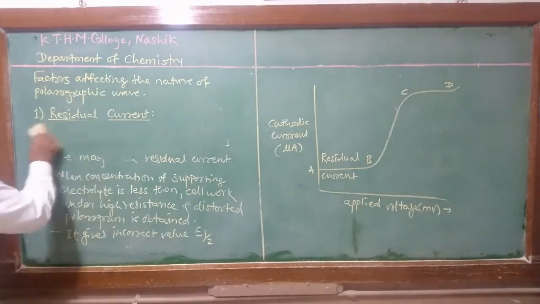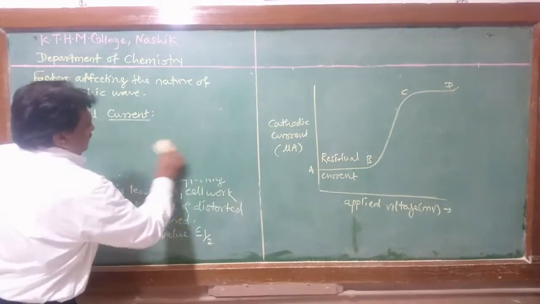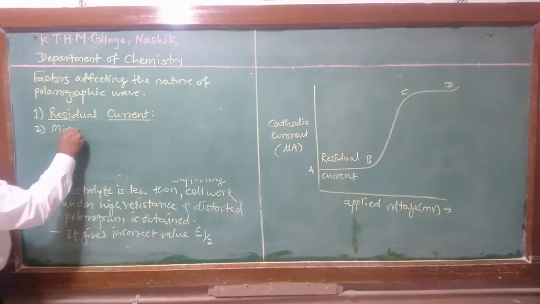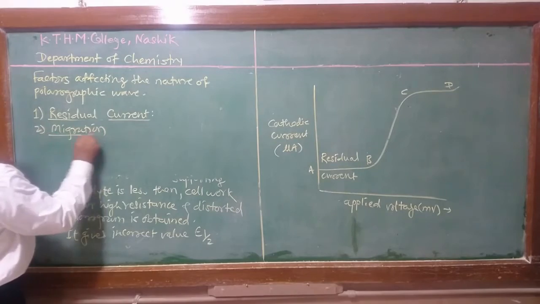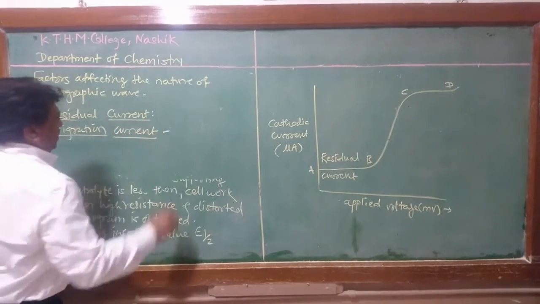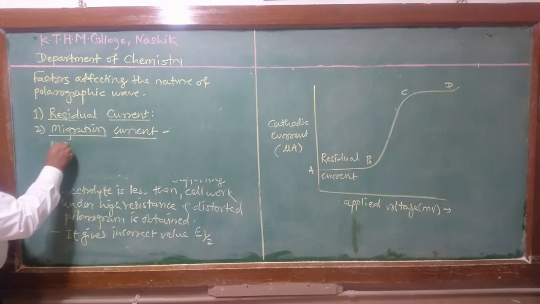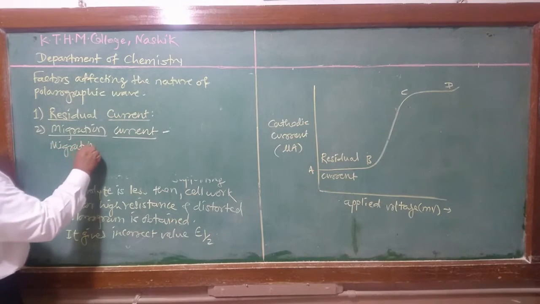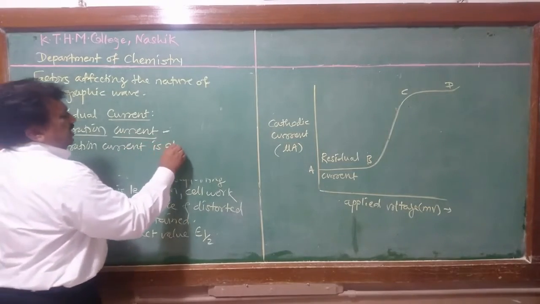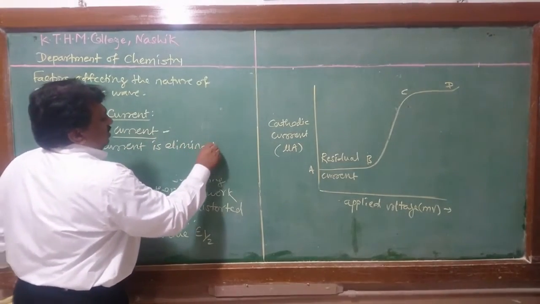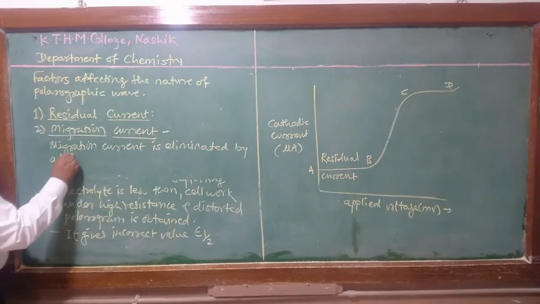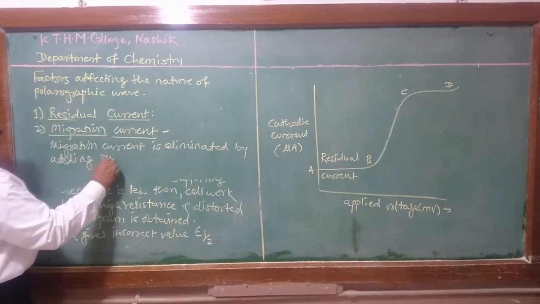The second factor is the migration current. Migration current is also determined by the concentration and the nature of the supporting electrolyte. Migration current is eliminated by adding supporting electrolyte.